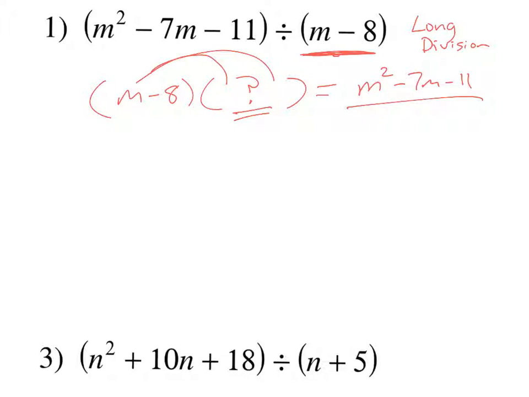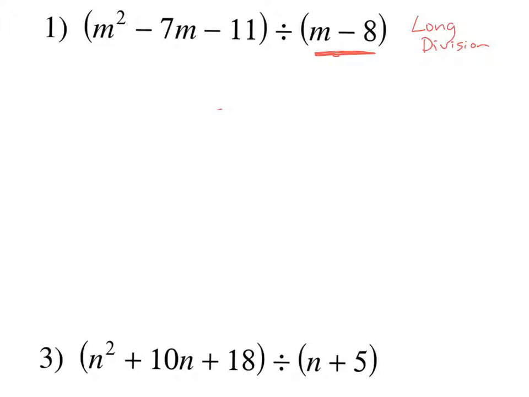Now that we got that idea, let's do this. Our divisor, this m minus 8, goes on the outside. On the inside, I have the m squared minus 7m minus 11.